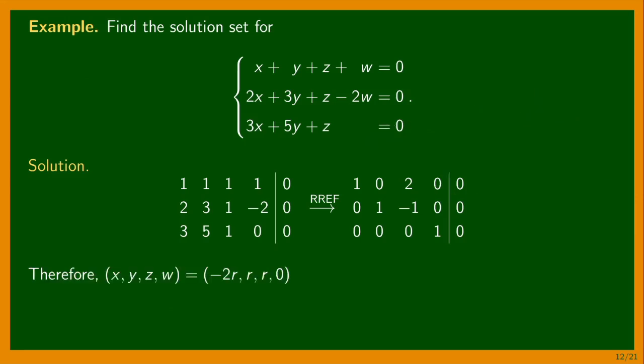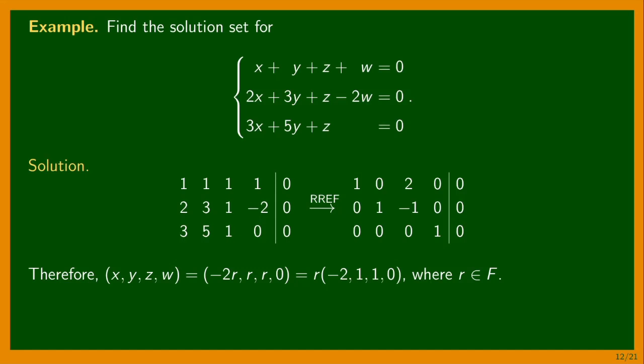In fact, to write the solution in general form, we get the following. Here I set the free variable z to r and get the following as the general solution, where r is a scalar, or you can actually write it as r times the vector (-2, 1, 1, 0).